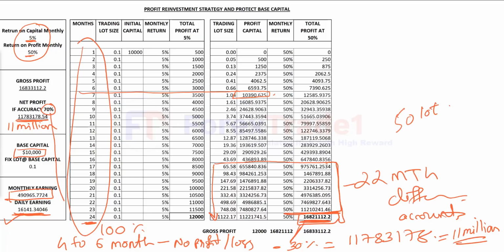But suppose you started directly with 50% of your base capital, and those months are not in your favor, it directly reduces your capital by 50%, because you have already started with 1.0 lot on your $10,000. So if any time the market is not in your favor and many scripts hit the SL stop loss, you wipe out your $5,000.